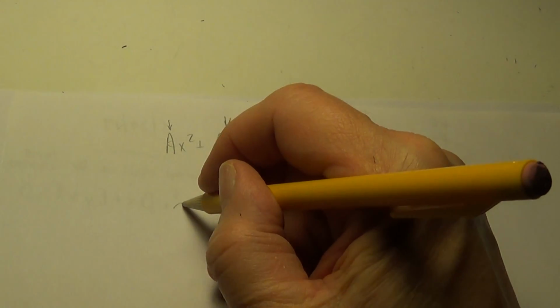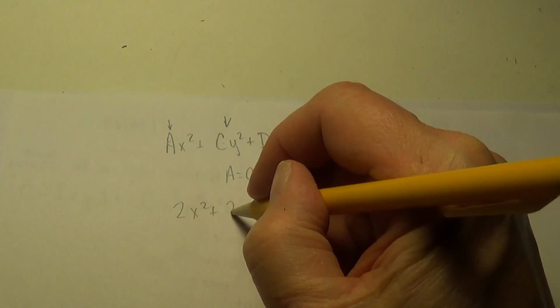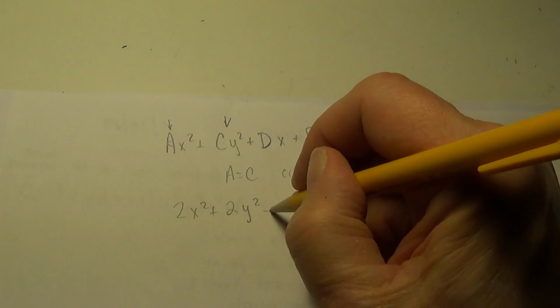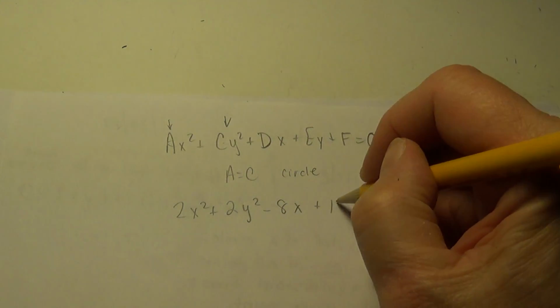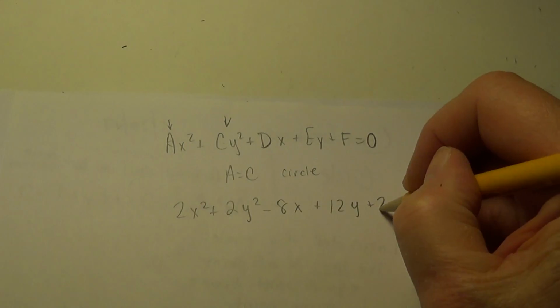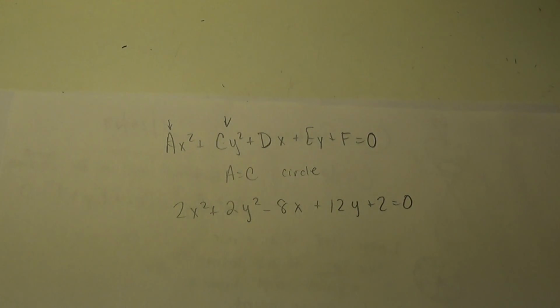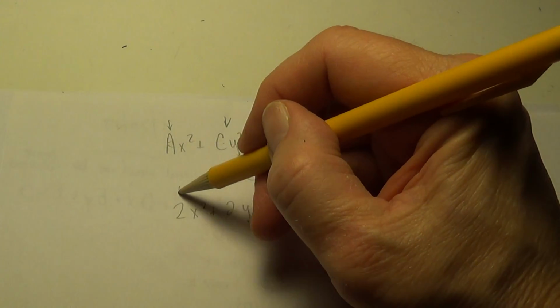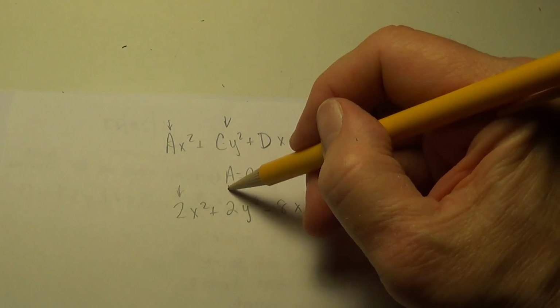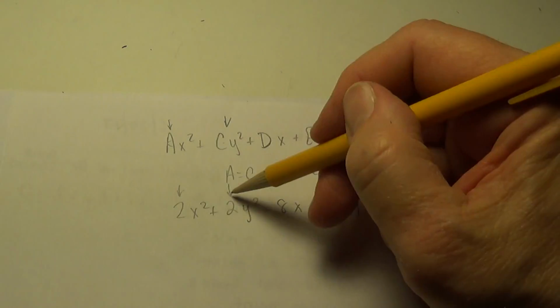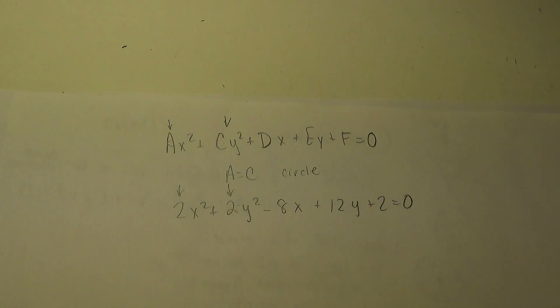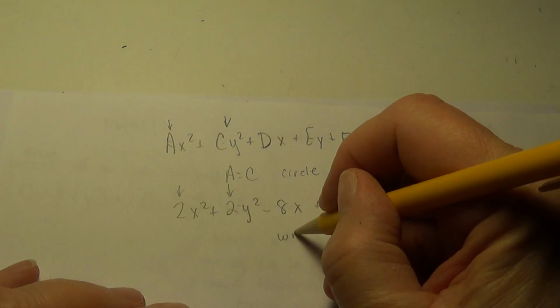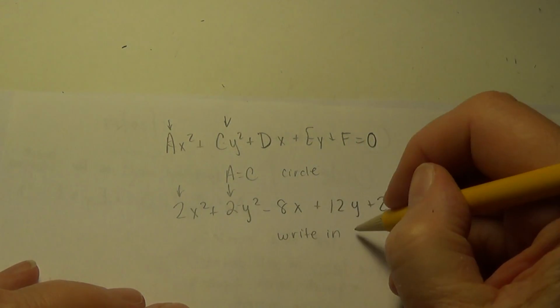So 2x squared plus 2y squared minus 8x plus 12y plus 2 equals 0 can easily be identified as a circle by looking at the x squared coefficient and the y squared coefficient. If they're the same, then we have a circle. So it is. So now I want you to write it in standard form.